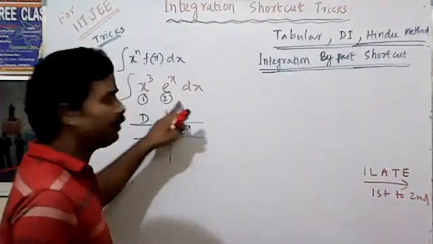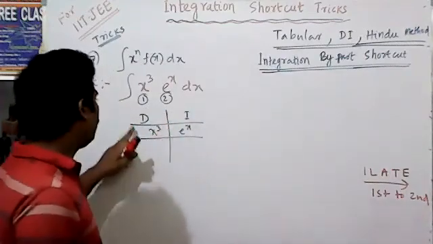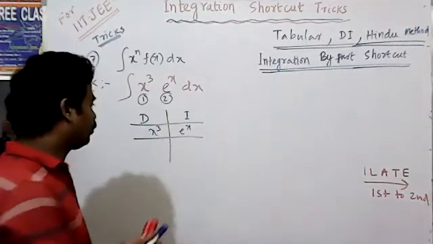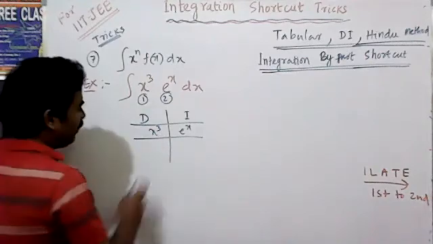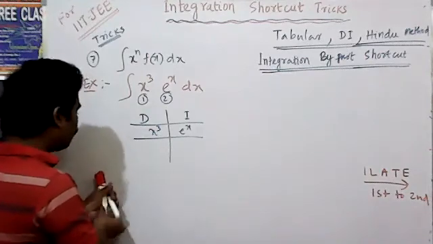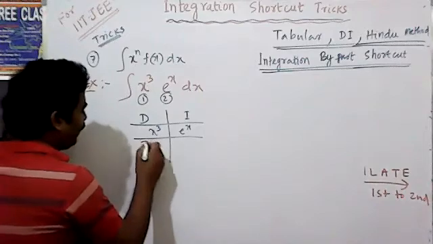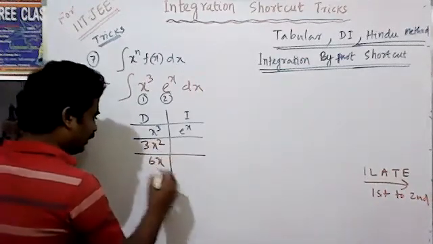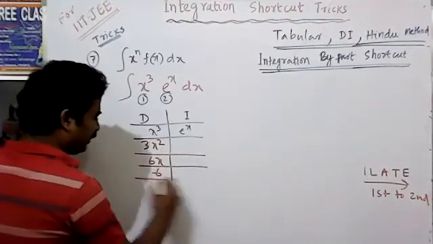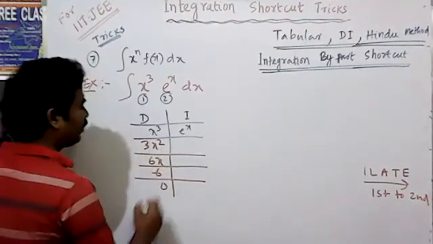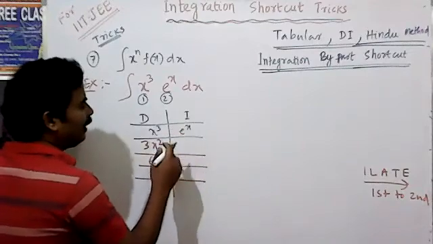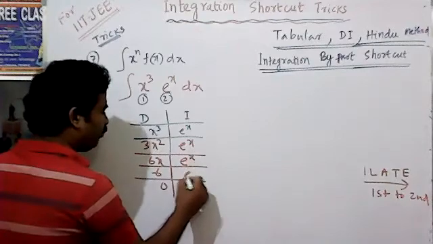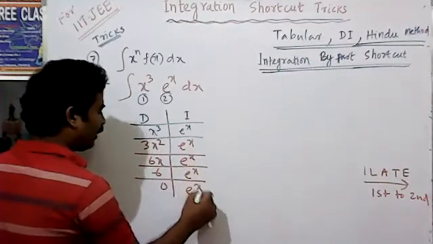So this is the first function and this is the second function. The derivative is for the first function and the integration is for the second function. So the derivatives here are 3x square, then 6x, then 6, then 0 comes. Similarly, the integration of e to the power x is e to the power x, e to the power x, e to the power x.